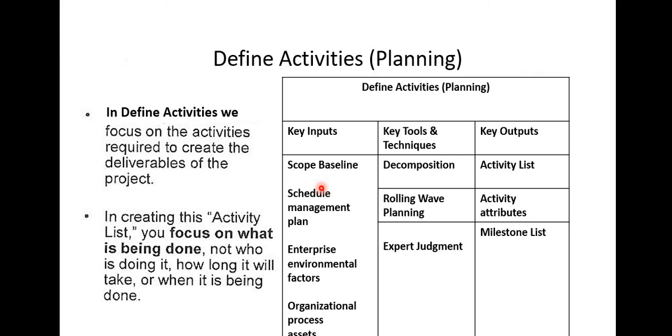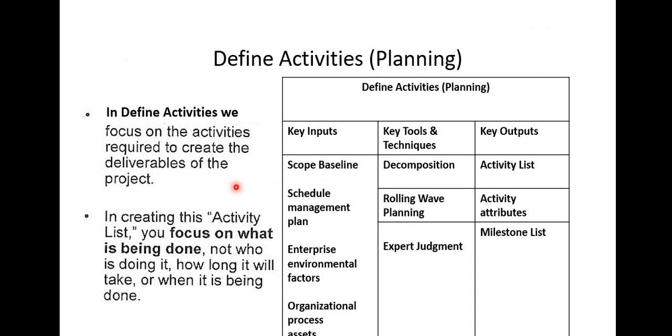So in creating these activity lists, you focus on what is being done, not who is doing it or how long it's going to take or when it's going to be done. So we focus on what is being done. What exactly does activity A mean, activity B mean, and all of that. And this is very important because if we do not define activity, we cannot properly schedule them.